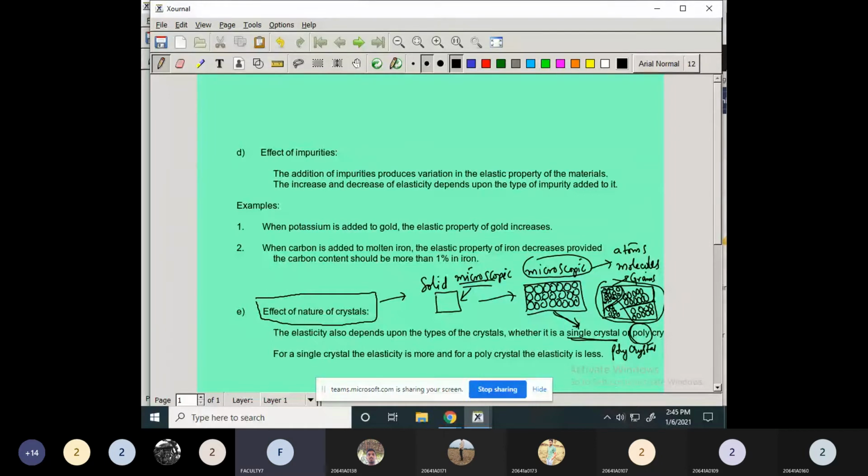So that's why we consider the nature of the crystals here. What are the natures here? Either you can expect a single crystal or else polycrystals. Single crystal means the entire substance will have only a single orientation. The atoms and the molecules will be oriented with a single type of orientation.